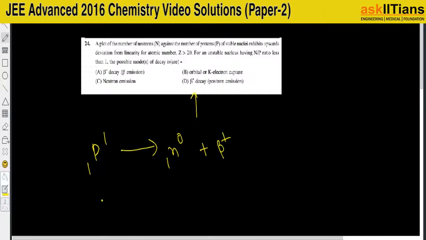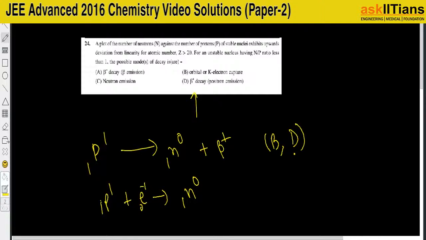So let's say if I have this and I have captured the K electron, it is like this way. So this will be giving me this stuff. So again you can see that I'm getting the required answer. So for this, my B and D, they both will be the correct answer.